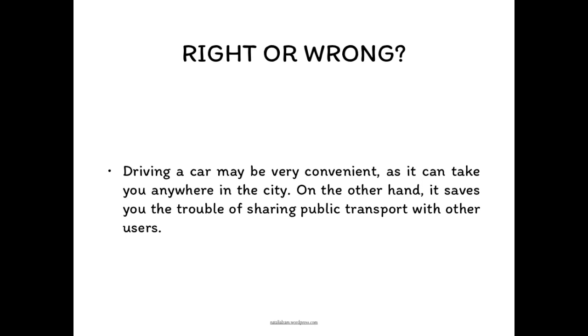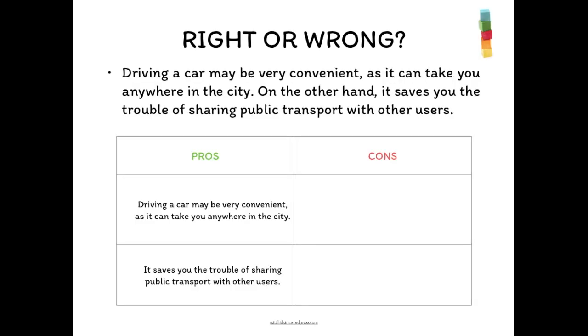So, now that you know that "on the other hand" is used to introduce two different elements, two different or even opposing arguments, for example, have a look at this sentence. In your view, is this correct? If you have a look at this sentence, you will notice that both arguments are actually positive arguments, arguments in favor of driving.